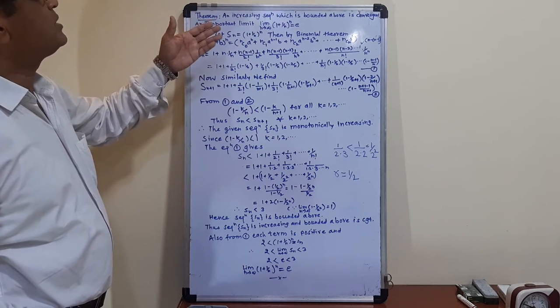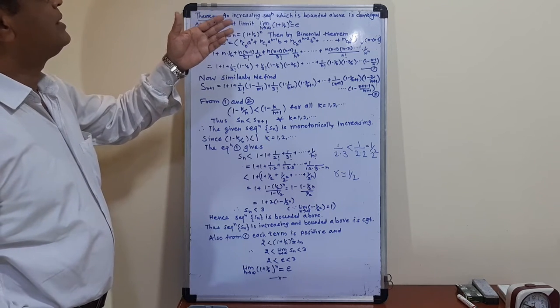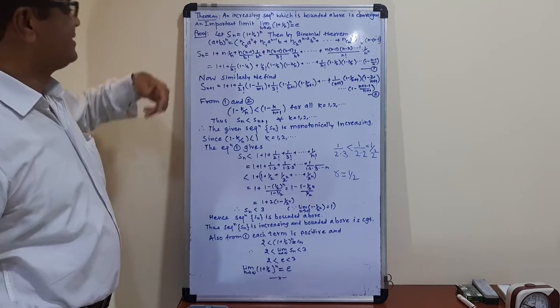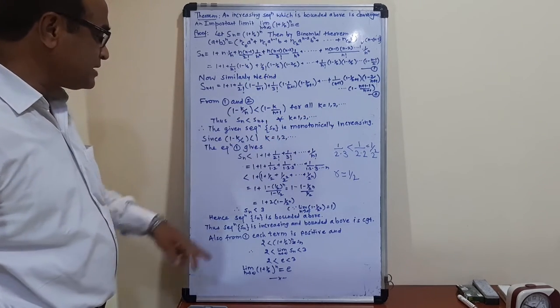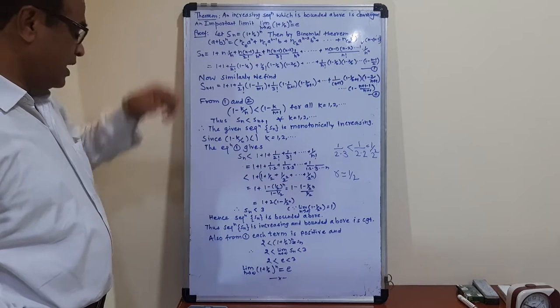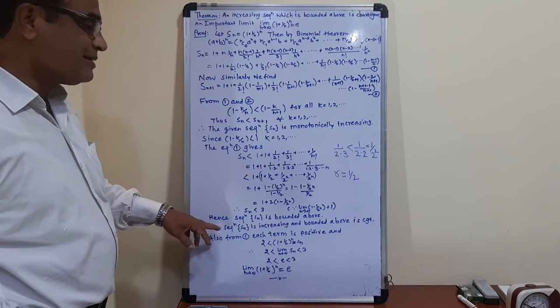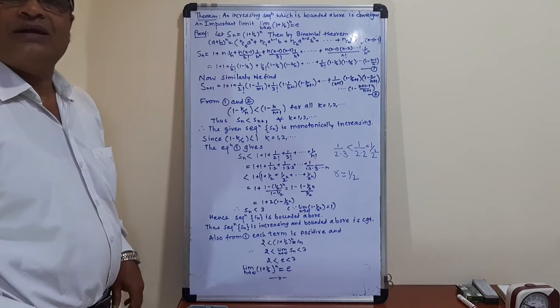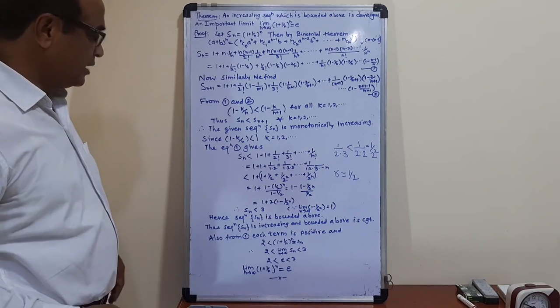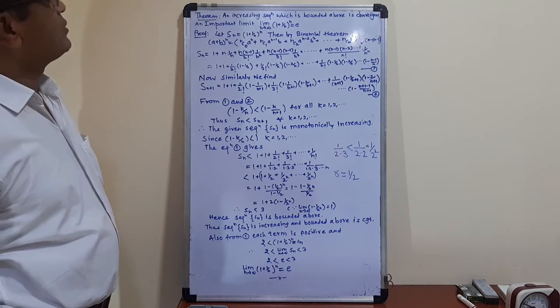An increasing sequence which is bounded above is convergent. So this sequence is increasing as well as bounded above. Then by theorem, the given sequence is convergent. Okay?